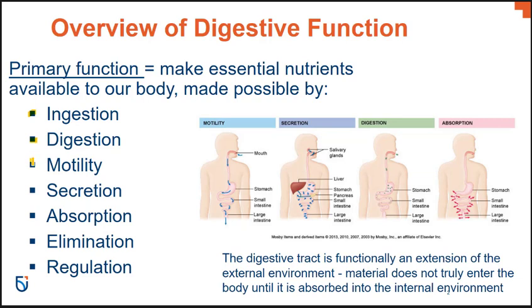Motility. This is movement by the muscular components of the digestive tube. It includes processes of mechanical digestion. So we'll look later at 2 of these processes called peristalsis and segmentation. Secretion. This is the release of digestive juices, and these digestive juices contain things such as enzymes and acids and bases.